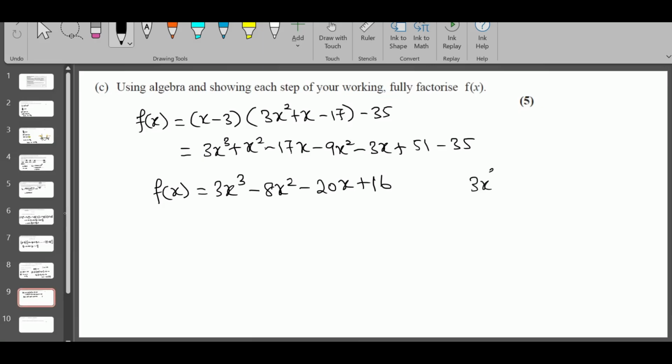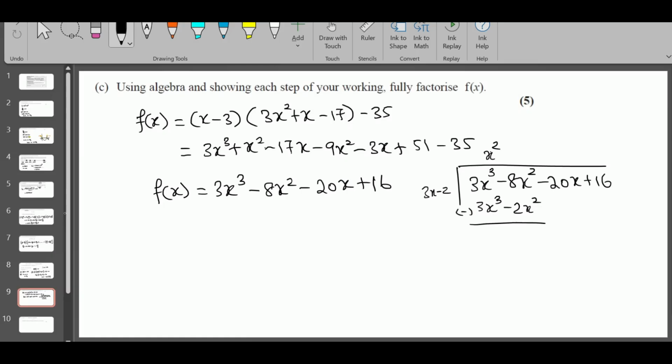So 3x cubed minus 8x squared minus 20x plus 16. Use 3x minus 2 in long division, it's going to be x squared. So we'll get 3x cubed minus 2x squared, change the sign. This will be cancelled, minus 6x squared, bring down the next term.